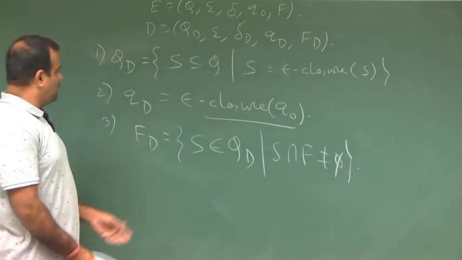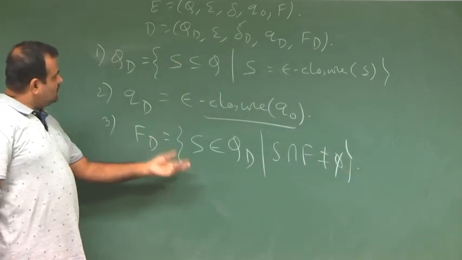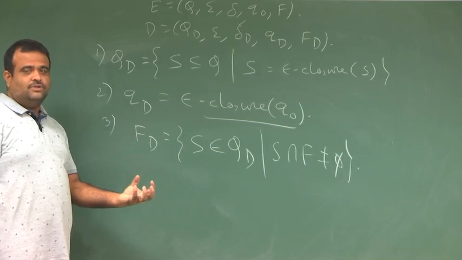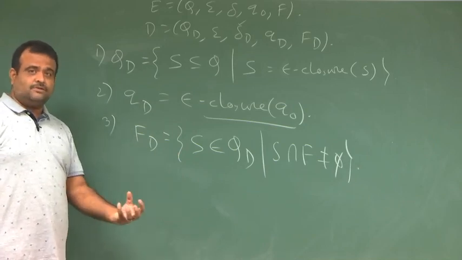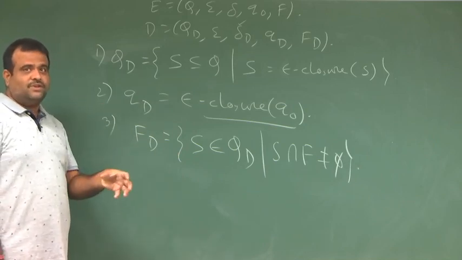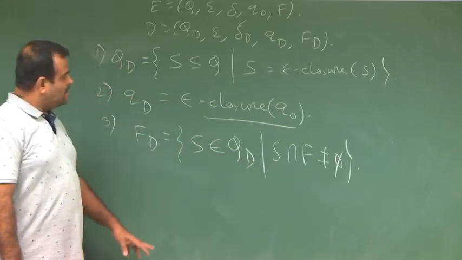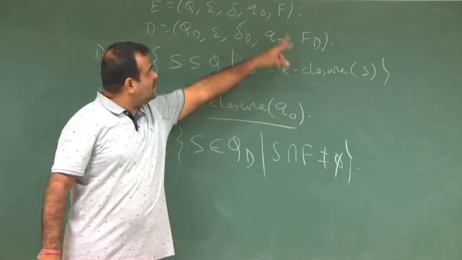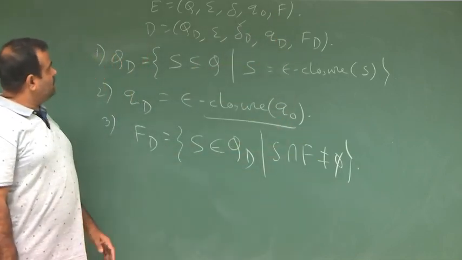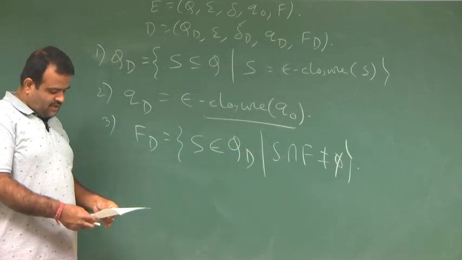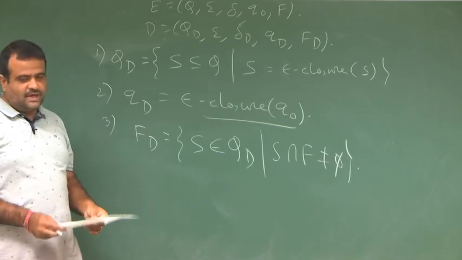That is the way we define it. We were considering the subsets, which again are epsilon closures. Among those subsets, the ones having at least one final state of E, those subsets we consider as FD.